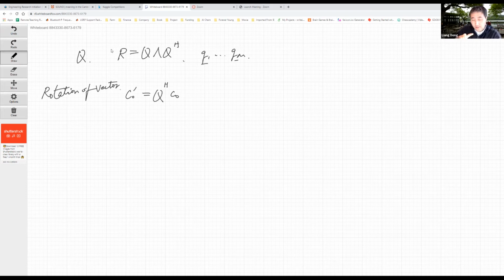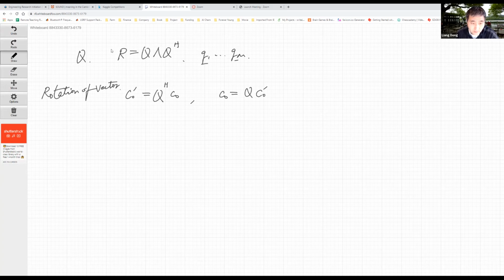As we saw in linear algebra, because it is an orthonormal matrix, the length of C0 doesn't change. You only rotate this vector in this vector space. Okay, therefore C0 is equal to Q times C0 prime, right?